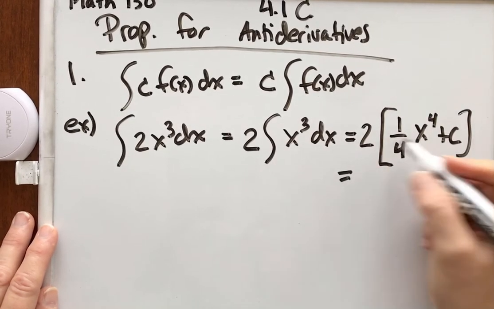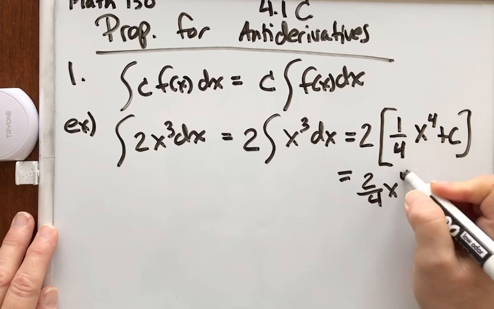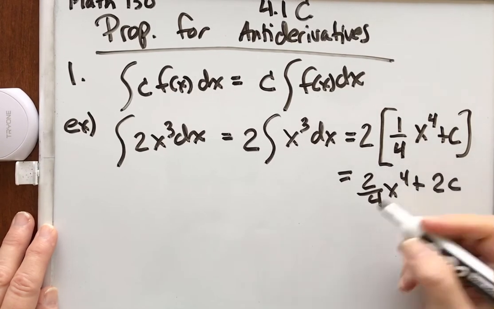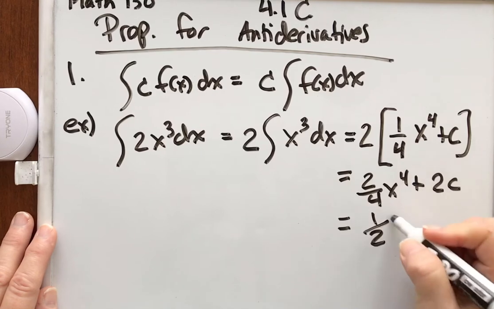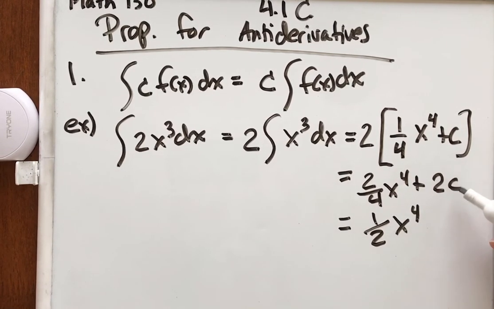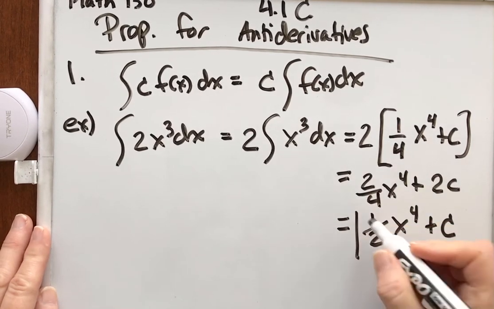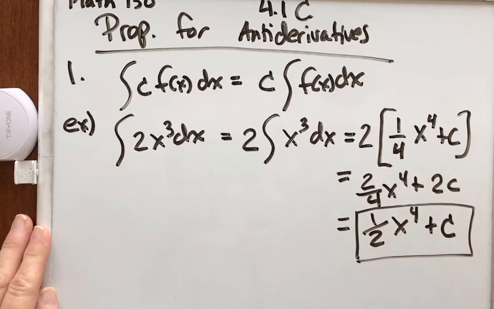Now note, when we go ahead and distribute this, we have 2/4 x to the 4th plus 2c, which is 1/2 x to the 4th. Now plus 2c is still a constant, so we don't really write plus 2c, we just write plus c. So this would be the correct answer.